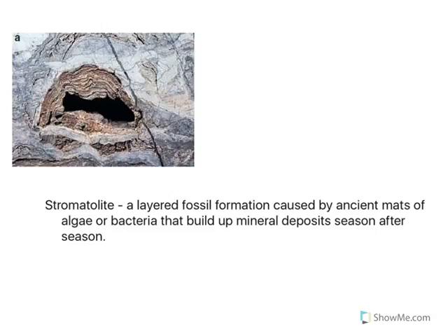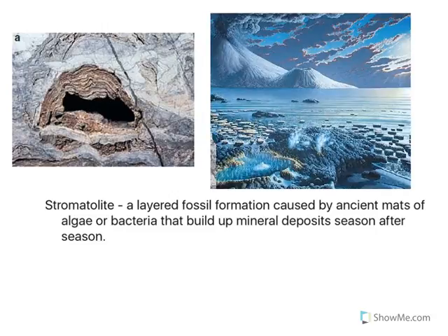Now, this stromatolite is found near or in shallow water, where they're repeatedly covered by sediments. So this tells us that early forms of life had to occur in or very near water. So here in this cartoon, this is an artist rendition of what the artist thought Earth might have looked like 3 billion years ago. We're looking at the early Earth.